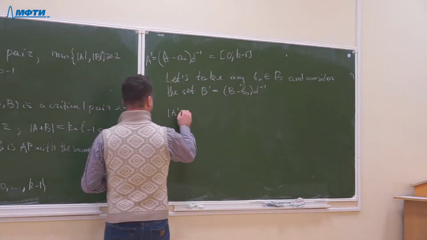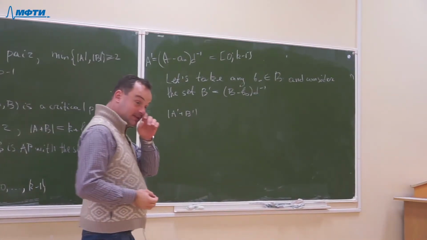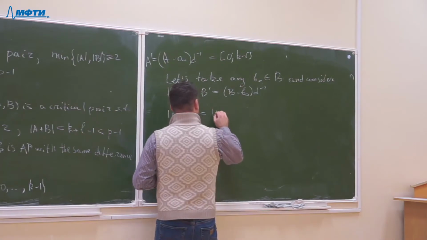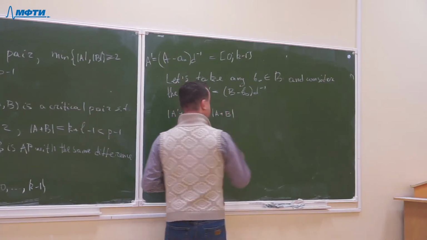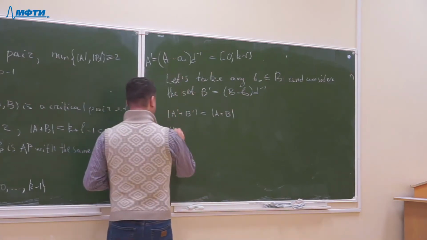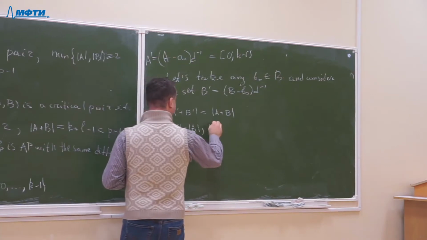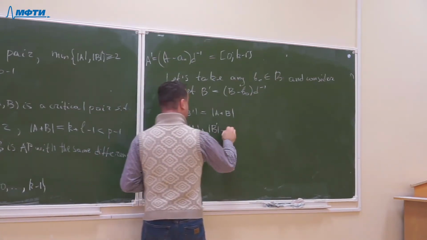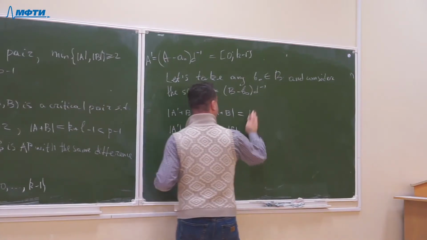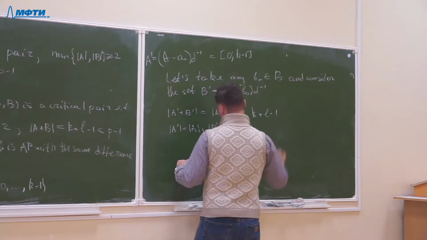A prime plus B prime has the same cardinality as A plus B, right? Moreover, A prime has the same cardinality as A, B prime has the same cardinality as B, and this is k + l - 1, right?